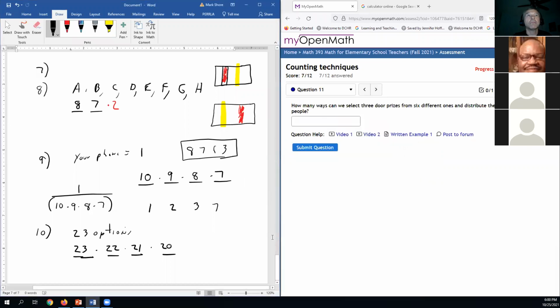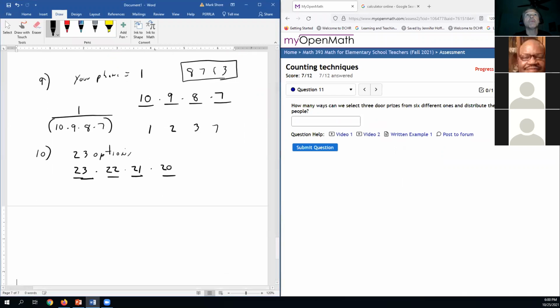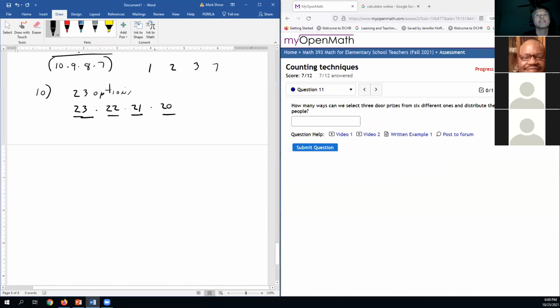If we go to problem 11 here, it says, how many ways can we select 3 door prizes? So we're looking to select 3 door prizes from 6 different ones. So we got 6 possible door prizes. And we're selecting out 3 of them. And we're distributing them among 3 people.